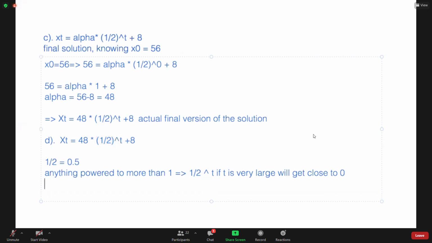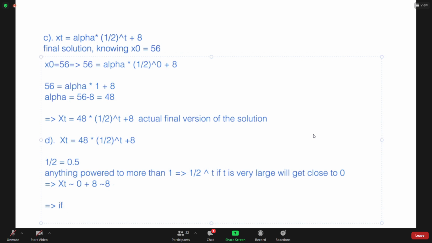What does this make us understand? It makes us understand that our xt is actually going to be equal to something very close to 0. So therefore, I'm going to write an approximation sign. It's approximately something very close to 0 plus 8, which is approximately 8, which takes me to my final version of the answer.